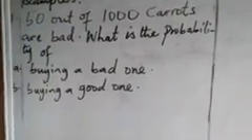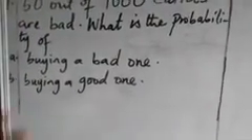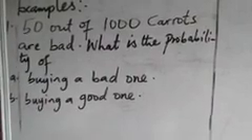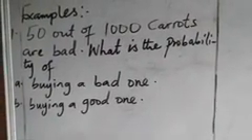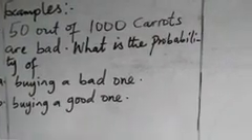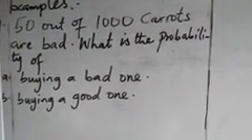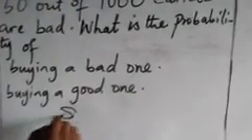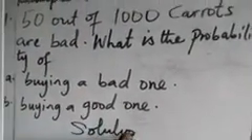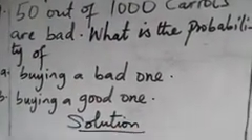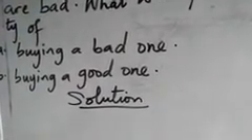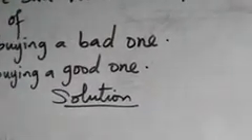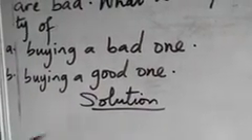Okay, we have an example on the board now. 50 out of 1,000 carrots are bad. What is the probability of A, buying a bad one, B, buying a good one? Okay, solution. We have two questions here. The first one is to know the numbers that are bad. From the question, we know that 50 is bad.